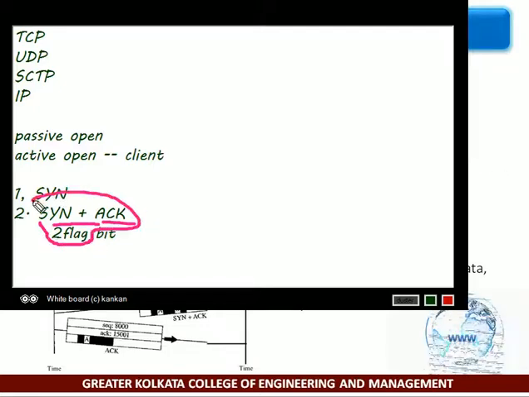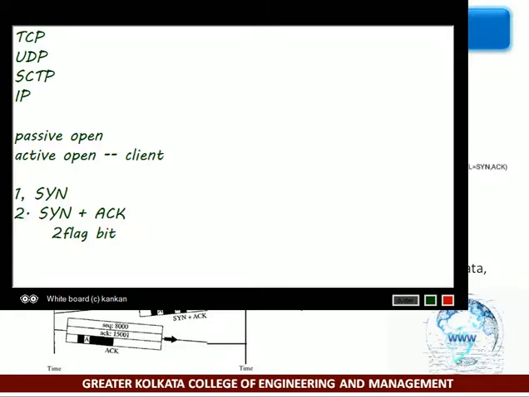It is a SYN segment for communication in the other direction and serves as the acknowledgement for the SYN segment. It consumes one sequence number. A SYN plus ACK segment cannot carry data but does consume one sequence number.